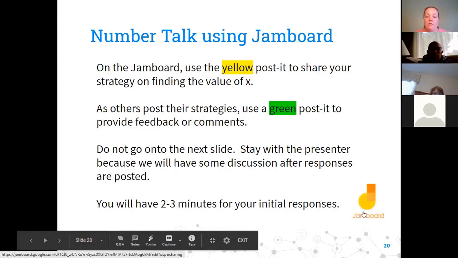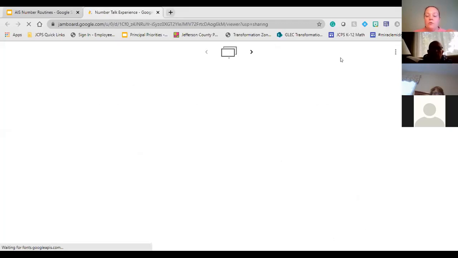And you see this orangish yellow Jamboard that looks like a J. Maybe I'm not in the right place. I'm on Google Docs, but I don't have it. Okay, let me open it, and then I will copy the link and put it in the chat so you can get to it.